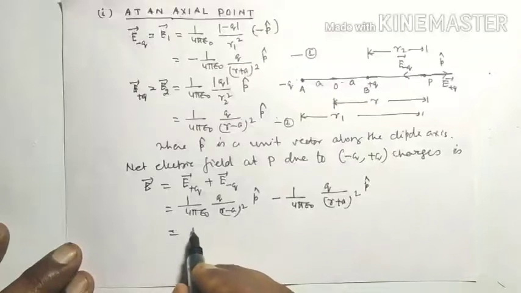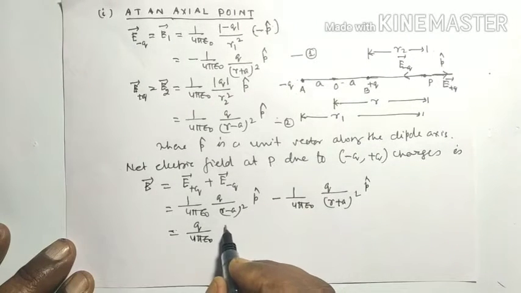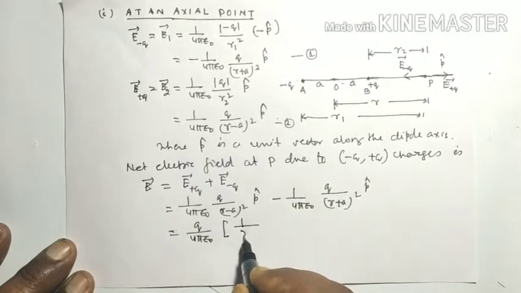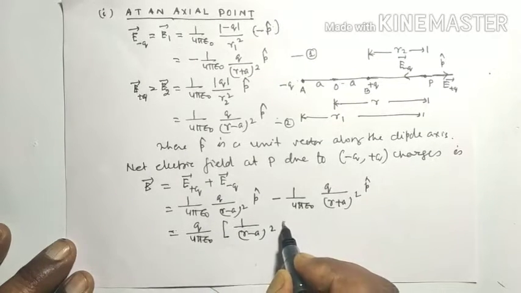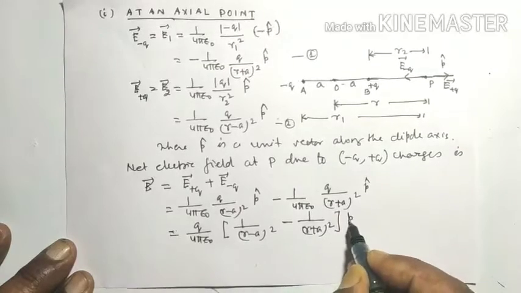So this is equal to Q by 4 pi epsilon 0 into 1 by R minus A square minus 1 by R plus A square into P cap.